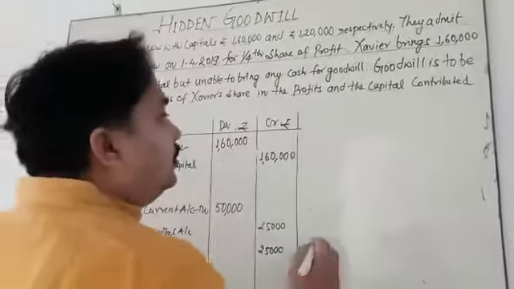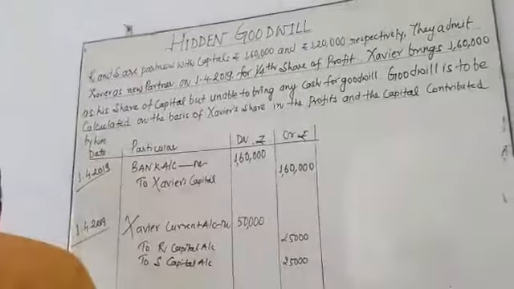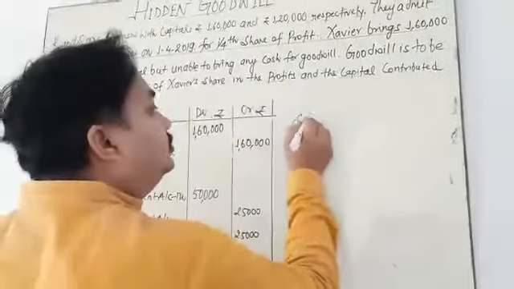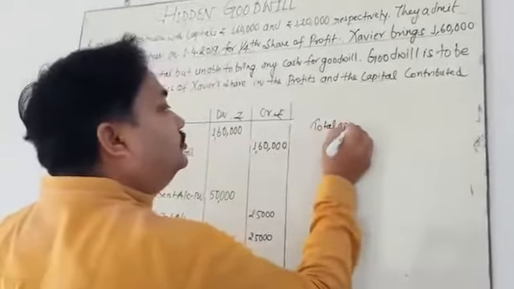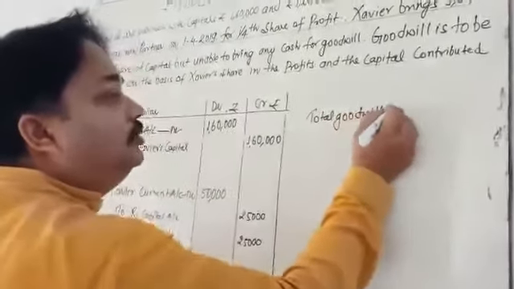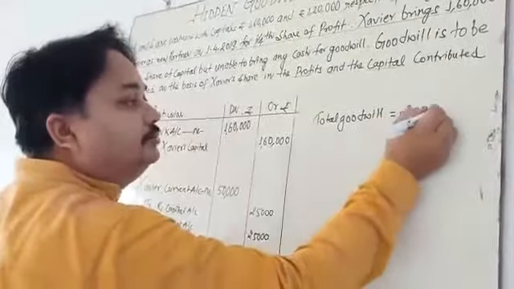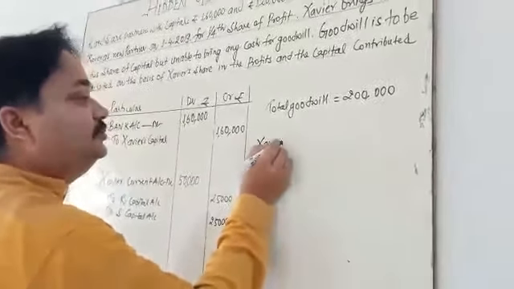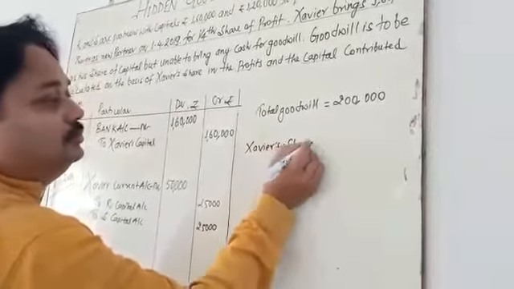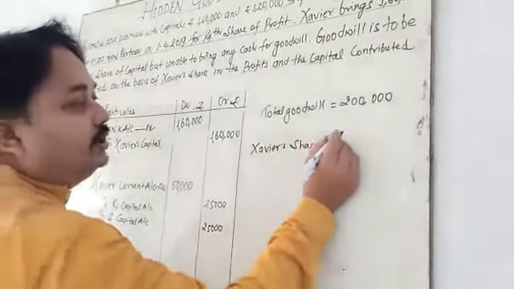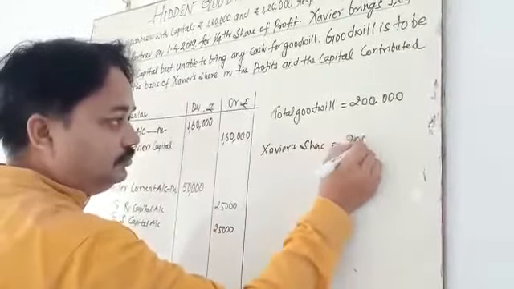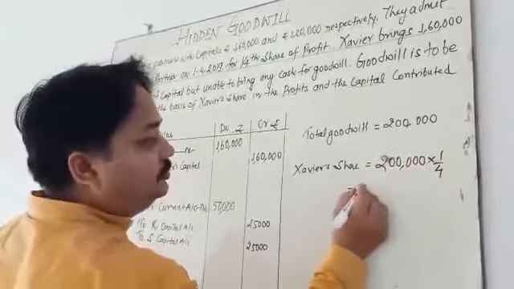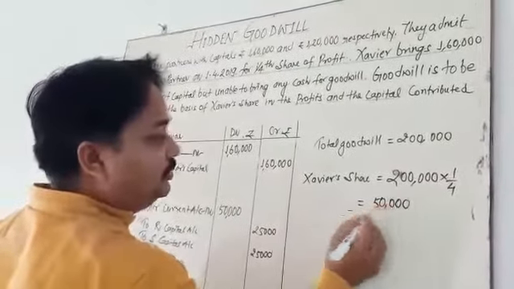So whatever you have observed in this question, you have to calculate total goodwill, that is 2 lakh rupees, that is the working note, and Javier's share is 2 lakh multiplied by 1 by 4th, that is 50,000.